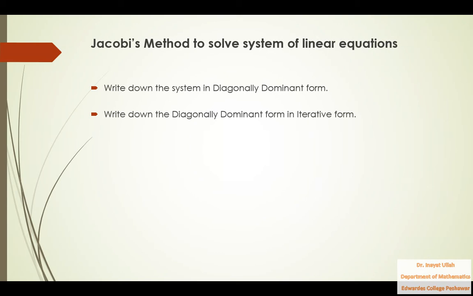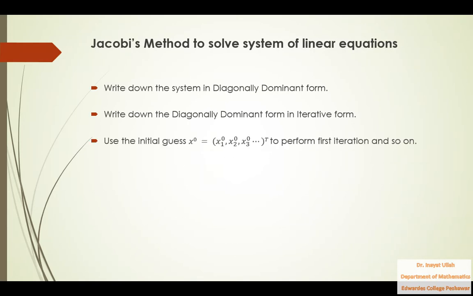Secondly, we will write the system in iterative form. What does it mean? It means that we should leave the diagonal elements on the left hand side, and the rest of the entries should be moved towards the right hand side. So this is the iterative form of the diagonally dominant matrix.